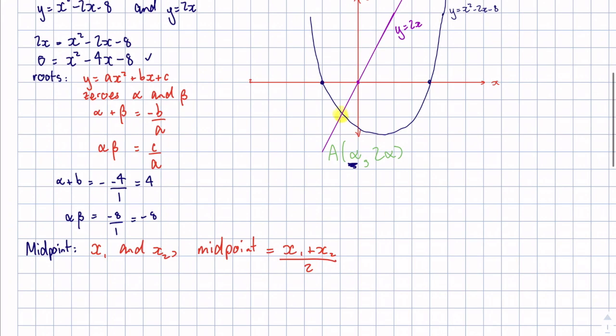So in this case, we've got alpha and beta, so the midpoint equals alpha plus beta over 2.